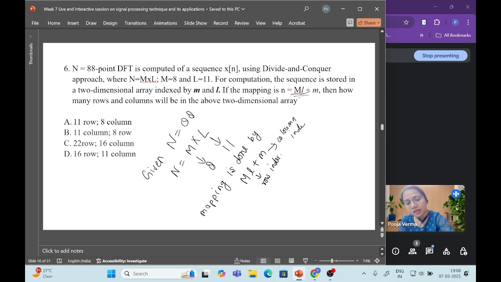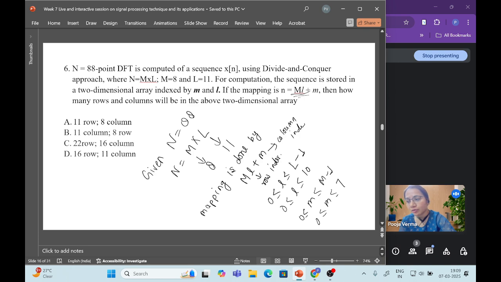This small l will vary from 0 to L minus 1, that is L is given 11, so 11 minus 1, that means 10. Similarly, the small m will vary from 0 to M minus 1, that is 8 is given, so 7.